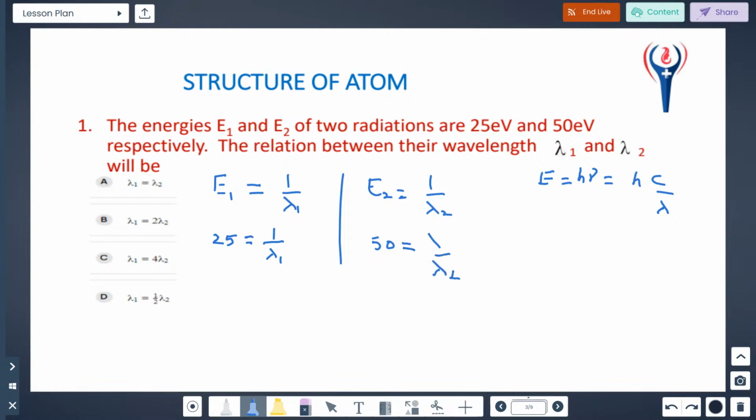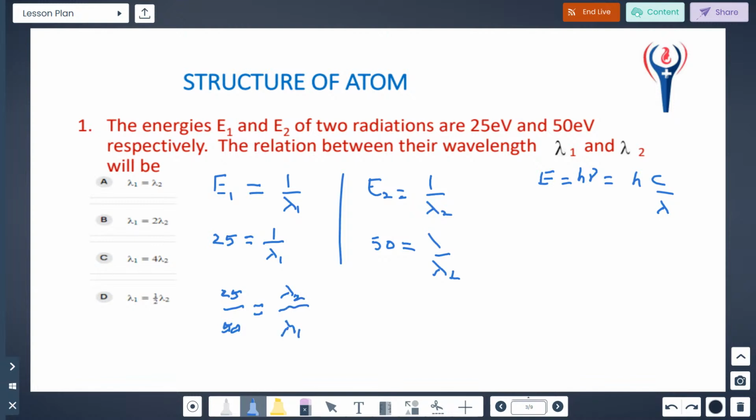So what's the relation between lambda 1 and lambda 2? This is the first equation, this is the second equation. You just divide equation number 1 by 2, so it will be 25 by 50. On the other side, 1 by lambda 1 divided by 1 by lambda 2 is just the reciprocal, lambda 2 by lambda 1.